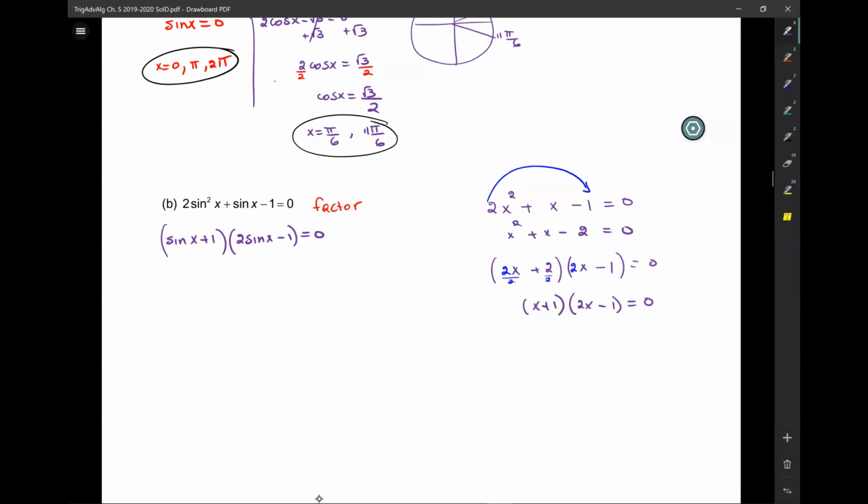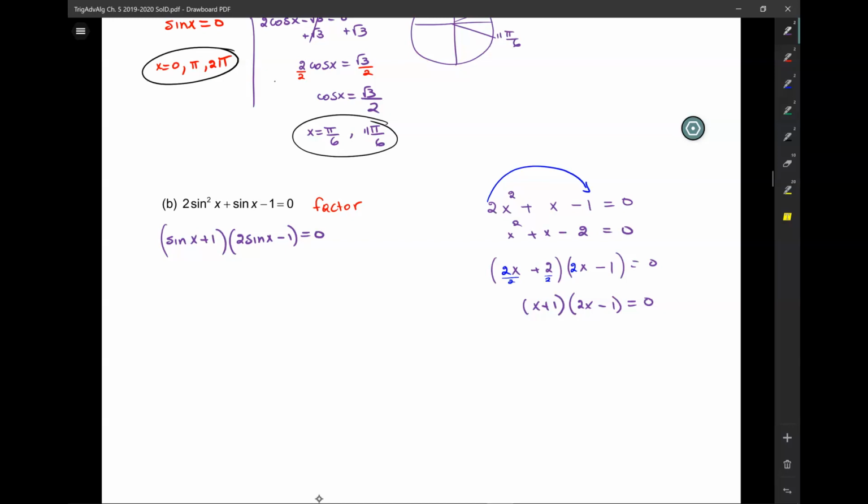The minus 1 has to be with the 2, and the plus 1 has to be with this one, because when you now go backwards and you FOIL, it has to give you that top equation back. So when you FOIL and you do like negative sine x plus 2 sine x, you should get this positive sine x back. Why in this one you have 2x plus 2 and this one you have x plus 2? Because I divided by 2 here to simplify the 2's, and I only got x plus 1.